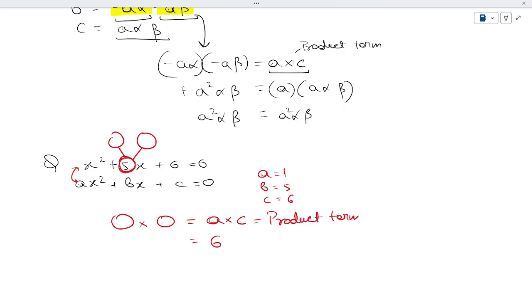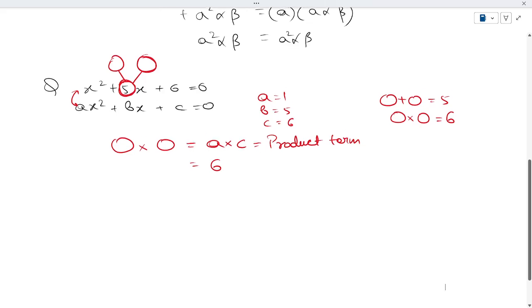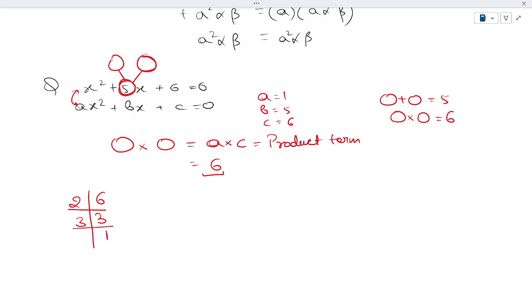So, how can you find those two numbers that add up to give you the middle term, and whose product gives you a into c, the product term, 6? We need to factorize this product term, right? So factorizing this product term, we get 3 into 2 is 6, and 6 into 1 is 6.